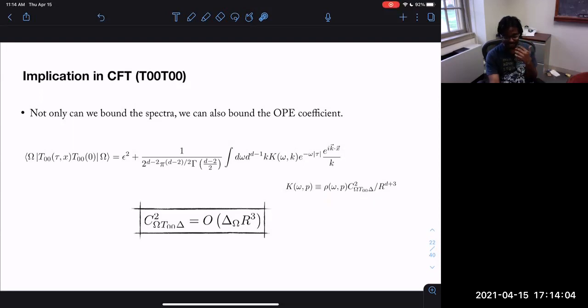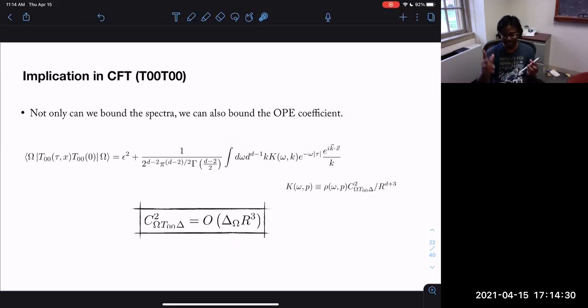So the very fact that this has a macroscopic limit means that in the R going to infinity limit, this cannot grow arbitrarily. So this quantity has to be bounded as we take the infinite volume limit. And this immediately tells you that this OPE coefficient has to satisfy this bound. So it has to be of the order delta omega times R cubed.